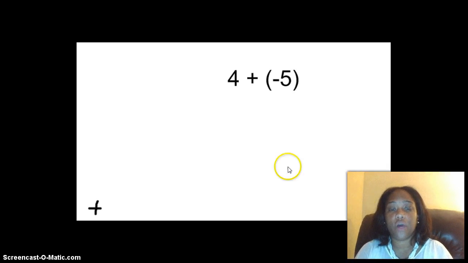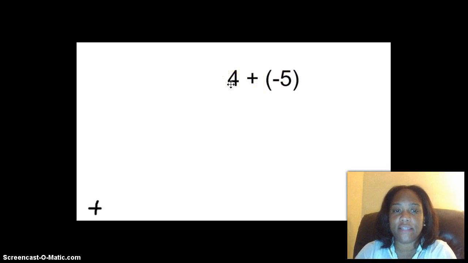Okay, so here we have a number. We have positive 4 and negative 5, and we need to add those two together. But we have a positive number and we have a negative number. So for every positive number we have, we need that many chips. And for every negative number, we need that many chips.